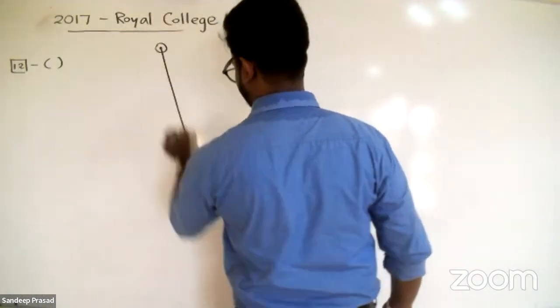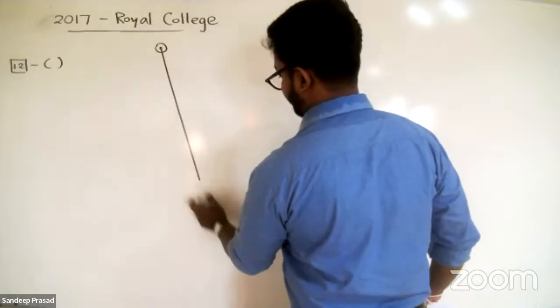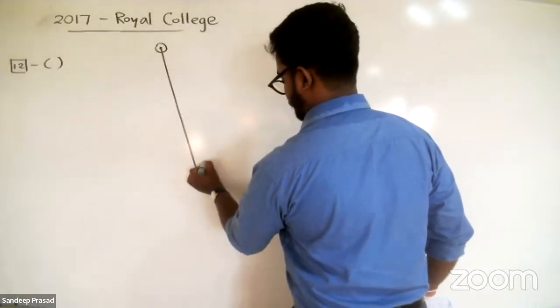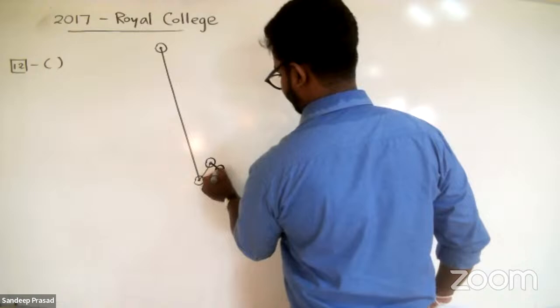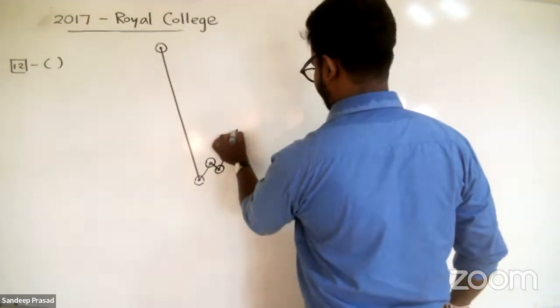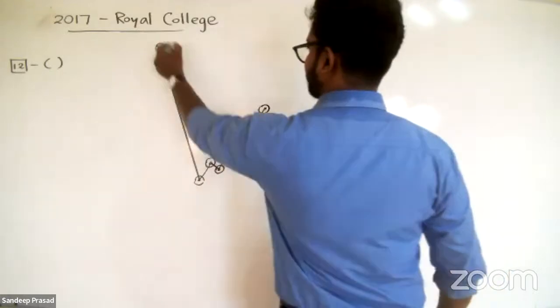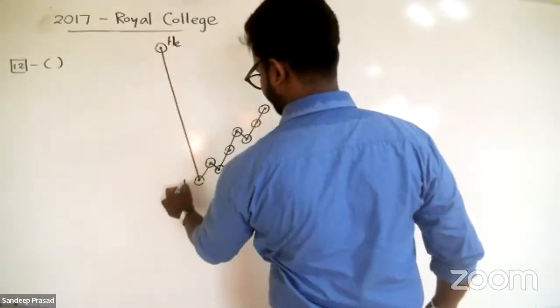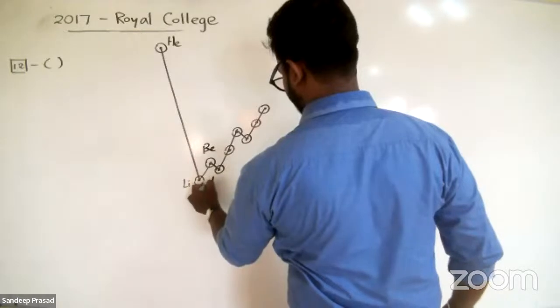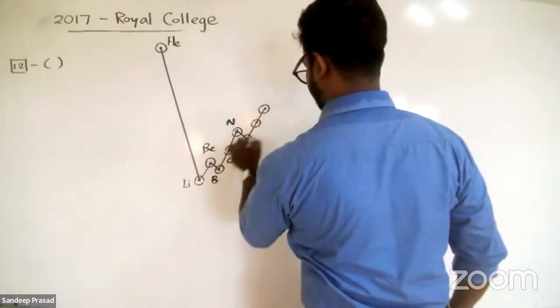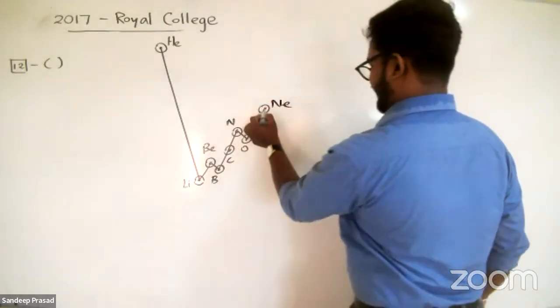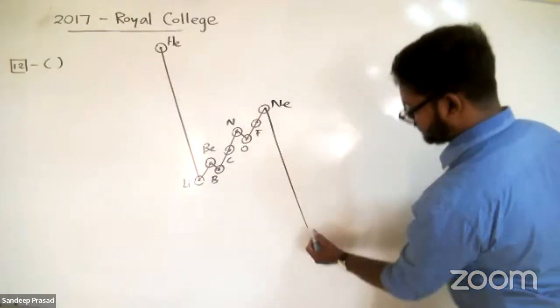Helium here. If I consider lithium here, beryllium, boron, carbon, nitrogen, oxygen, fluorine, neon. Right? So here helium, lithium, beryllium, boron. And we can see the same variation in the third period elements also.